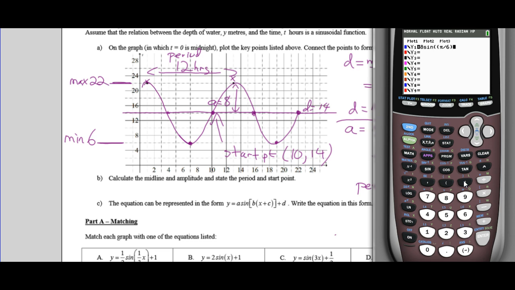Then the x, minus 5 pi over 3, so you can do the same deal, bracket, 5 pi divided by 3. You need to close off two brackets, right? So this is bx plus c, only we're going plus negative. And then we've got d, which was 14, so plus 14.